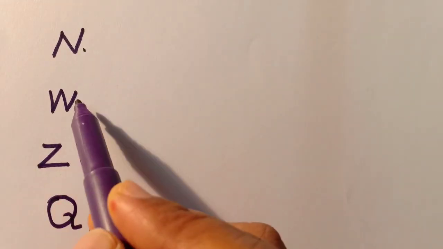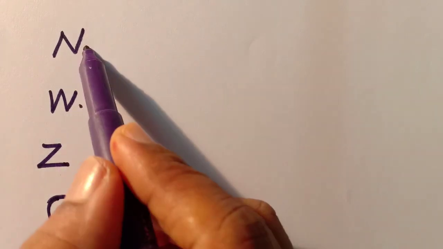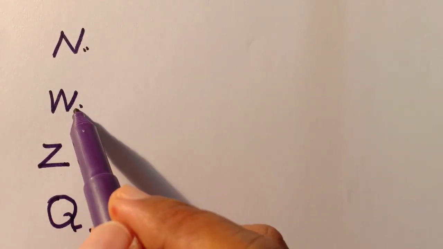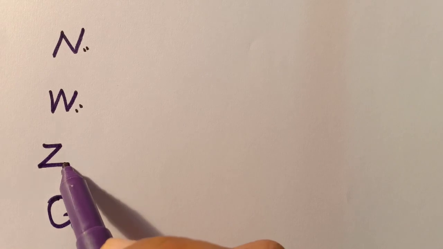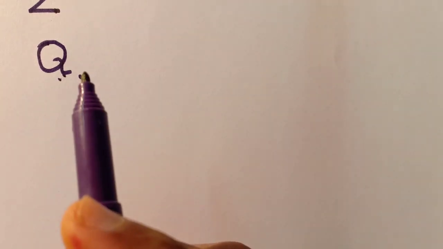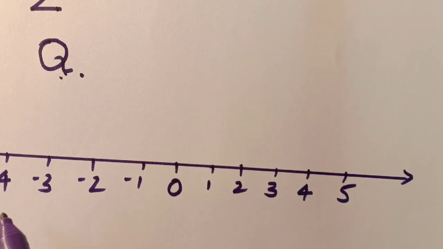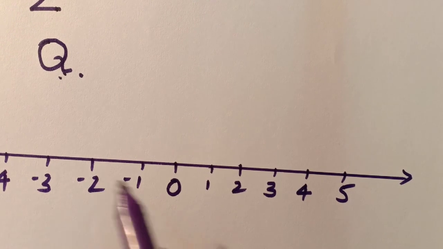Okay, so these are the representations N, W, Z and Q. N for natural numbers, W for whole numbers, Z for integers and Q for rational numbers. And also you know how to represent these numbers on the number line. Okay, let us revise all these things.